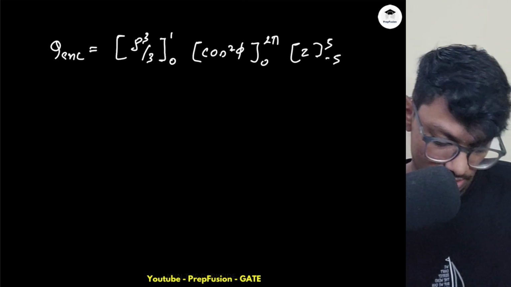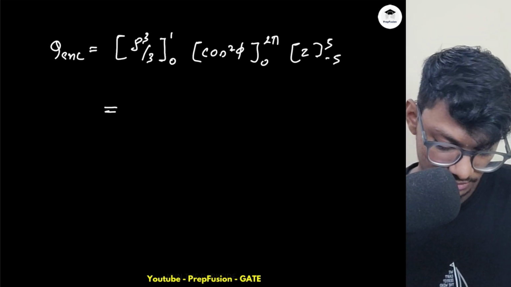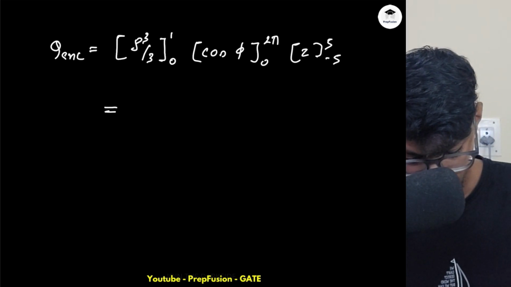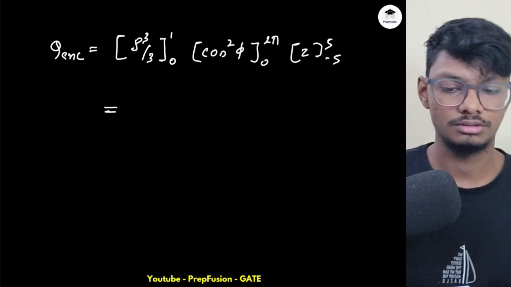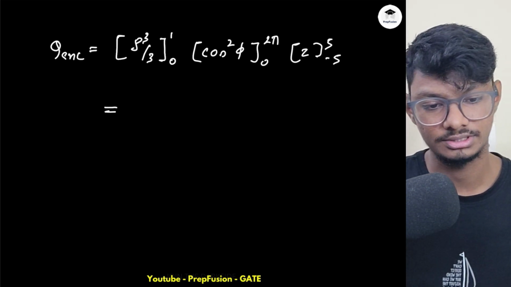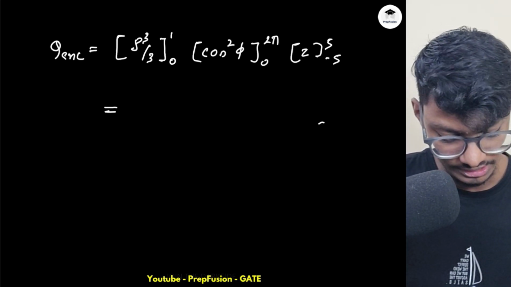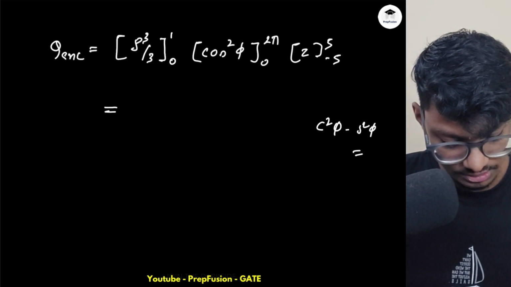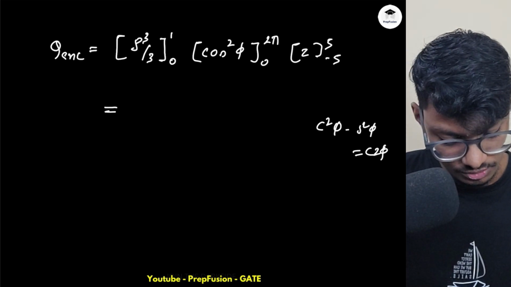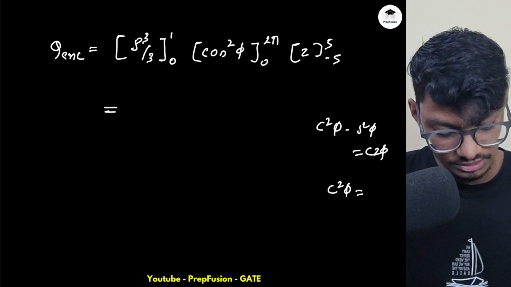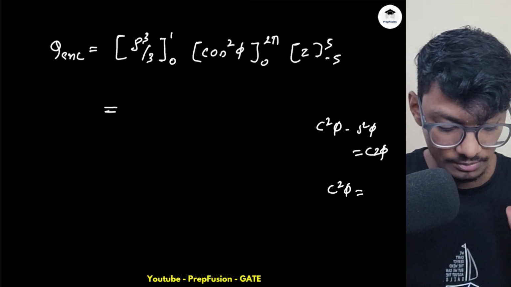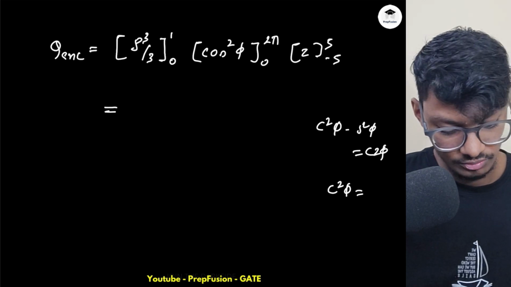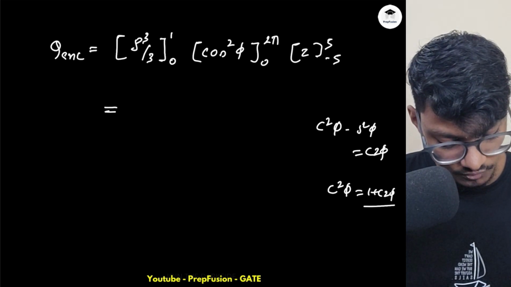So what will be the integration of cos square phi? You can convert this into a single angle formula as well. If you ever tend to forget, you can write it like this: cos square phi minus sin square phi is cos 2 phi. So cos square phi, I will break the sin square phi to 1 minus cos square phi, so this will become 2 cos square phi minus 1, so cos square phi is 1 plus cos 2 phi divided by 2.